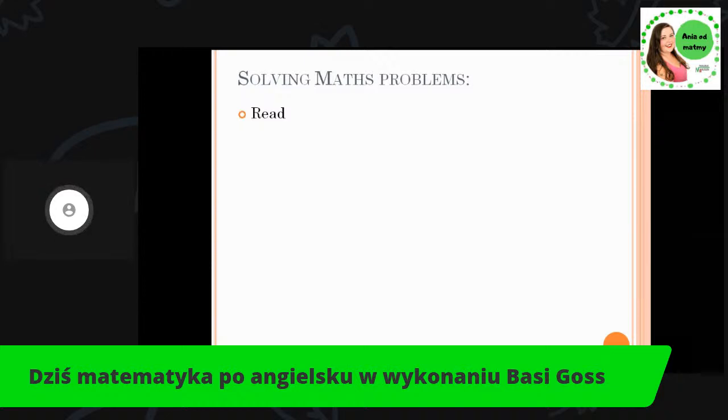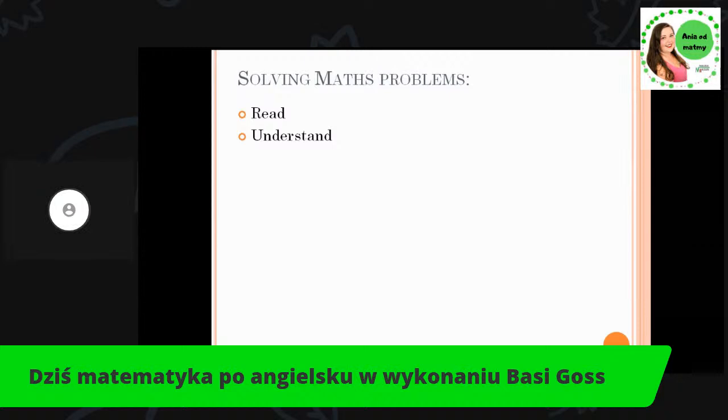Why do we read the maths problem? We need to read the problem because we need to be able to understand what the problem is about.